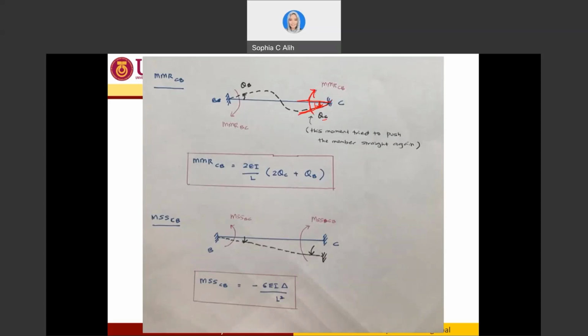So MMR CB is going to be in the clockwise direction, and clockwise direction is positive.